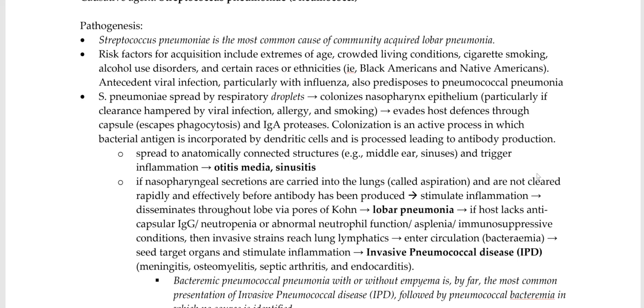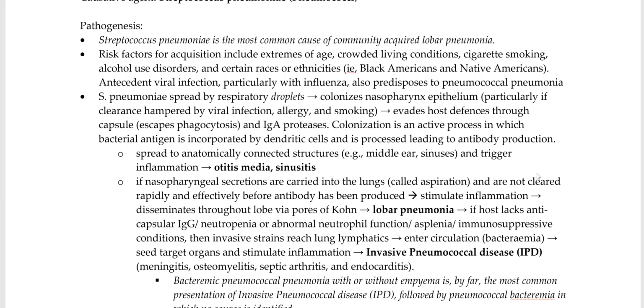Colonization is an active process in which the bacterial antigen is incorporated by dendritic cells, and then it is processed leading to antibody production. Now, from nasopharyngeal epithelium, it can spread to anatomically connected structures, for example, middle ear and sinus, and trigger inflammation there, resulting in either middle ear inflammation, known as otitis media, or paranasal sinus inflammation, which is known as sinusitis.